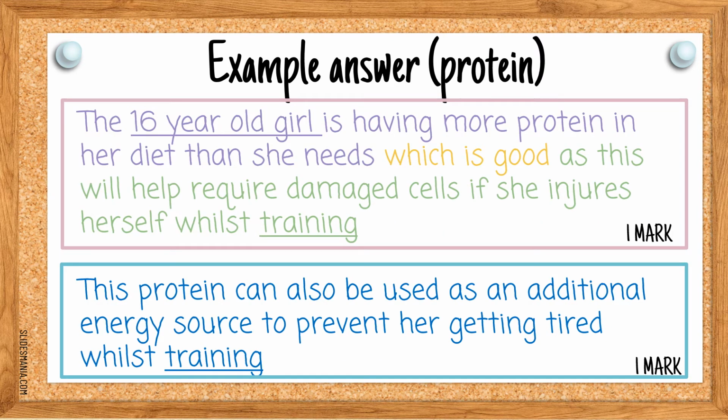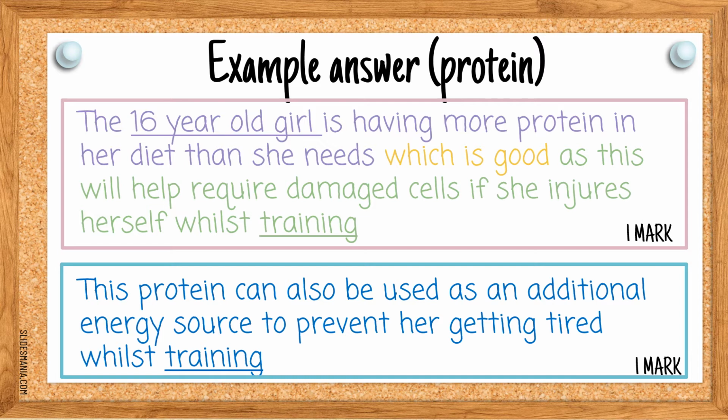Our next example answer is protein. So our fact for protein is that the 16-year-old girl is having more protein in her diet than she needs. Our opinion, which is good, and then our consequence, so why is this a good thing? As this will help repair damaged cells if she injures herself whilst training.